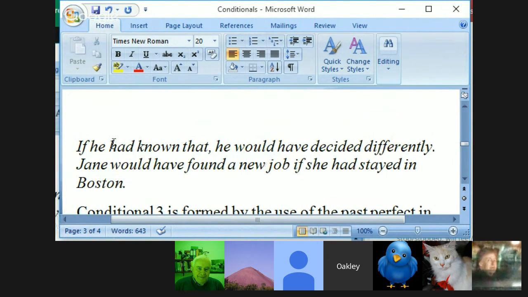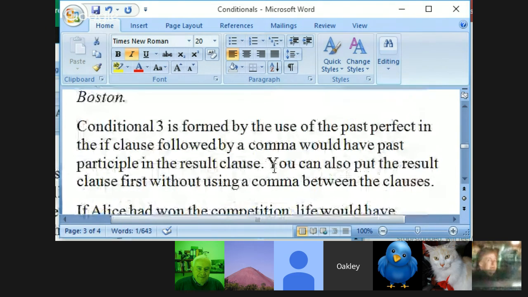So, past perfect: had known. And then would, have, and the past participle. This is called a perfect modal, by the way. It appears like the present perfect tense after the modal. Whichever way you want to think about it is fine.